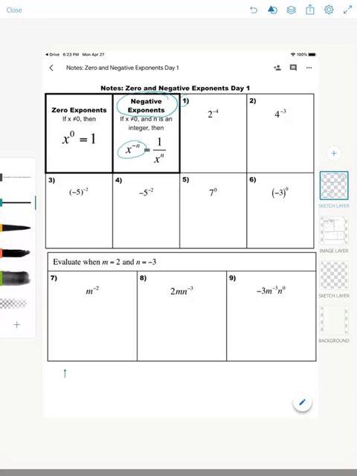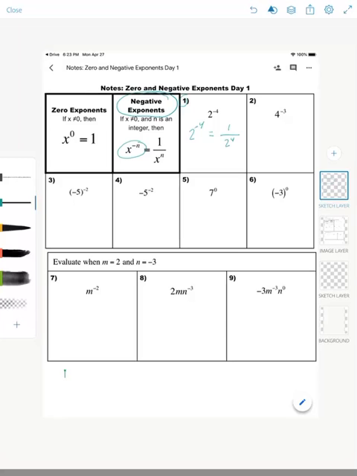In theory, what exponents normally mean is you repeat that 2 however many exponent times, but you can't really repeat 2 negative 4 times. How would you even write a negative number of times? So the way we deal with this is we say 2 to the negative 4 is the same as 1 over, so we flip it over, and that negative 4 becomes positive, 2 to the positive 4.